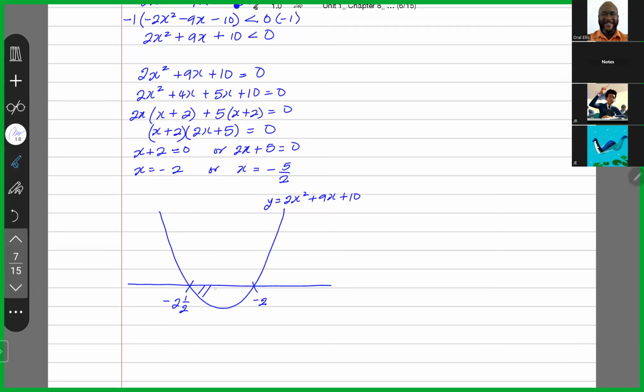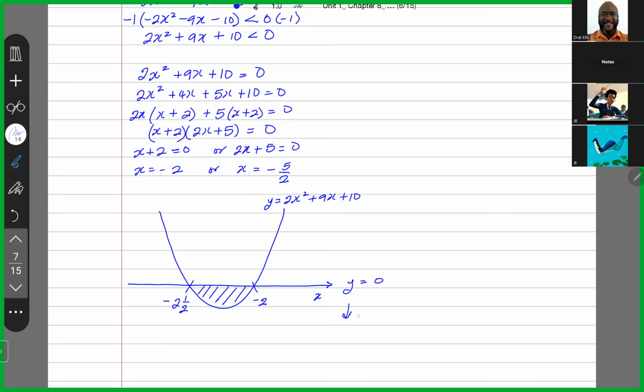It would be the values of x between here. So between x is equal to minus 2 and x is equal to minus 2.5, it is clear that y is equal to 2x squared plus 9x plus 10 is below the x-axis, which is the line y is equal to 0.